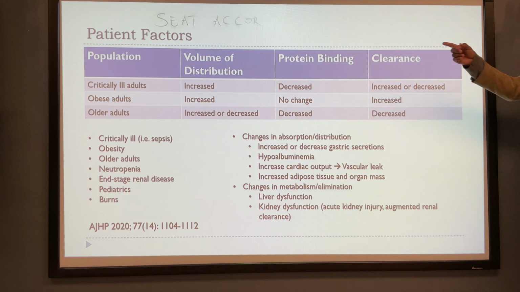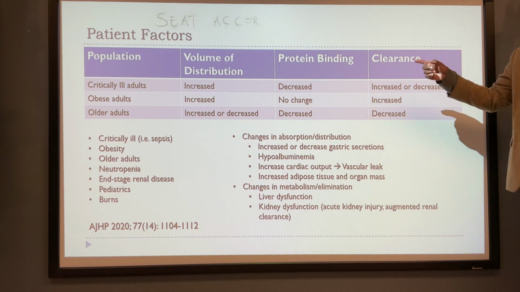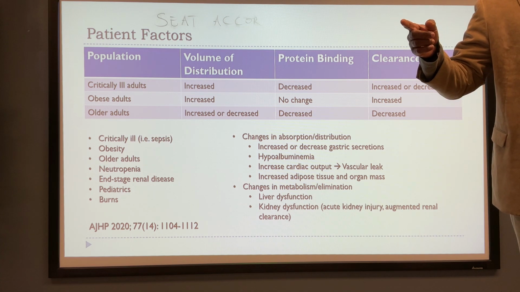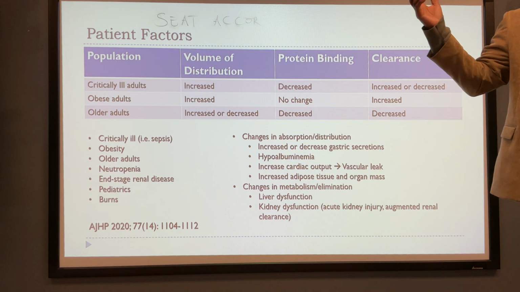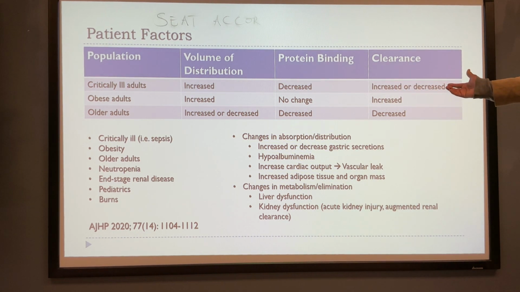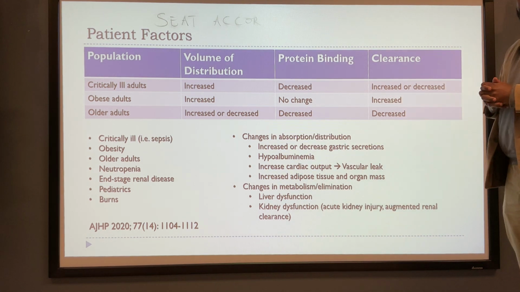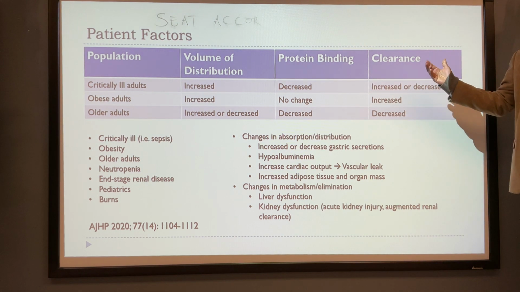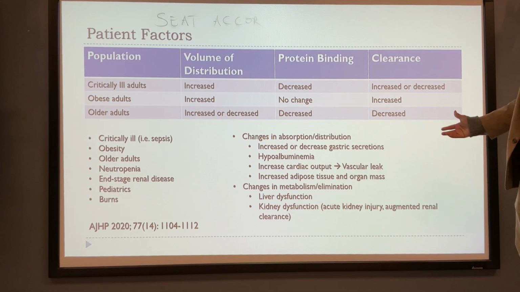I just told you the increase in volume of distribution. Kidney dysfunction, that's right. So if you have a corresponding reduction in renal function, what's going to happen to the clearance? It'll reduce, right? So you can't say that just because you remember an increase in volume of distribution, that automatically means increase in clearance, and no, it does not.